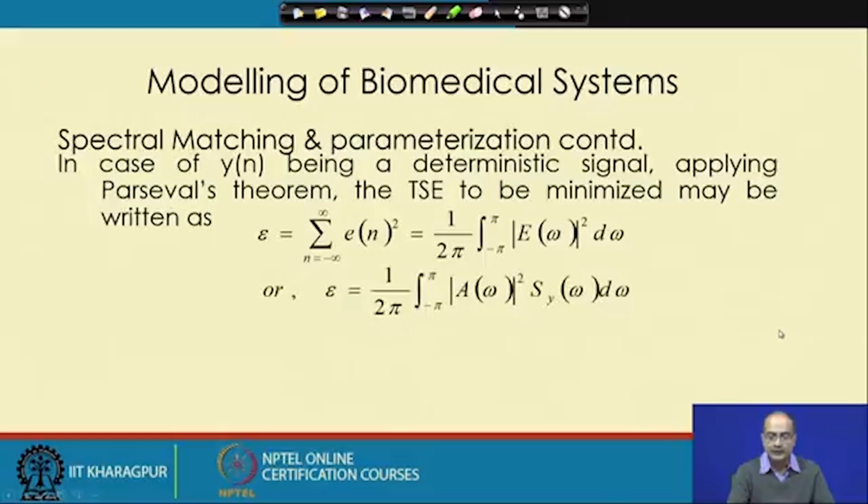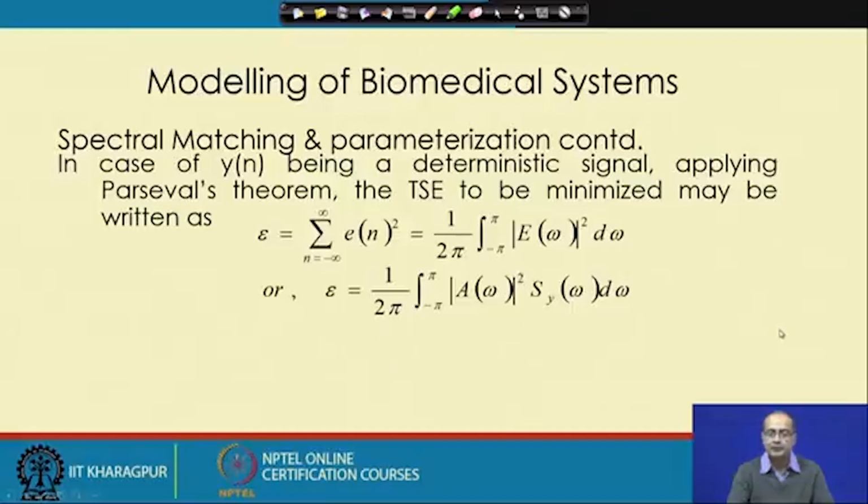And from there E(z), or E(omega) to be more precise, where z is taken as a point on the unit circle, we can represent that in terms of A and y.